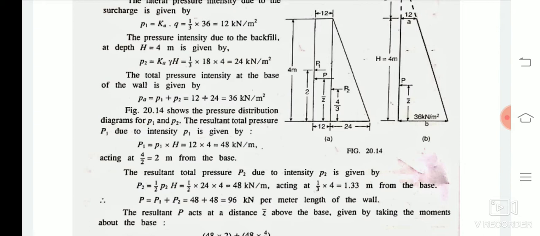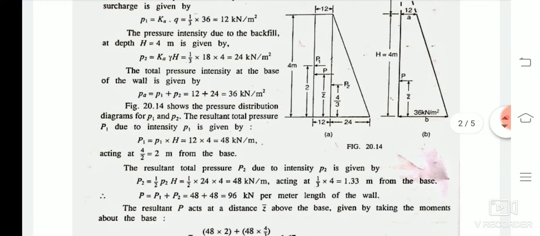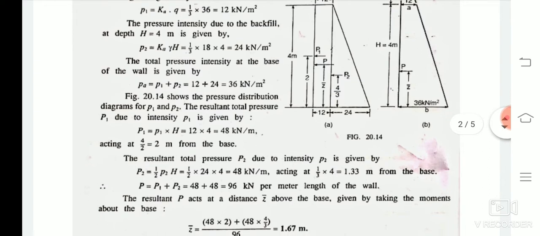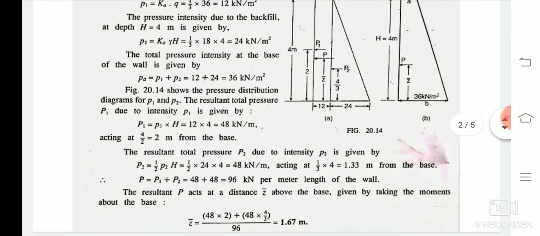So for the rectangular part, it is acting at a distance of h by 2 from the bottom, and for the triangular part, the pressure is acting at 1/3 from the bottom. As we know, for a triangle, the centroid lies at 1/3 from the base of the wall. Hence the total is 48 plus 48, that is 96 kilonewton per meter length of the wall. The resultant P acts at a distance of z bar above the base.